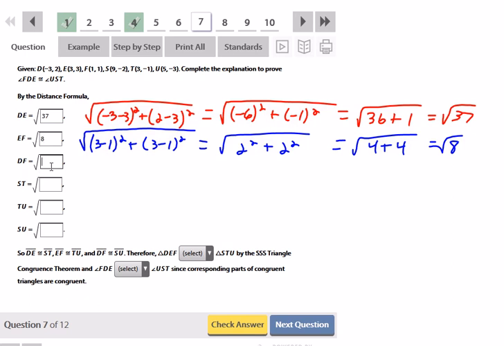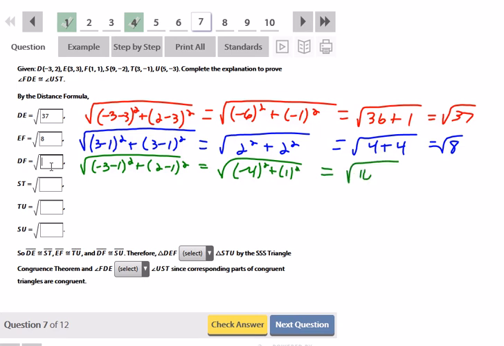DF would be square root of, subtract the x's, negative 3 minus 1 squared plus 2 minus 1 squared, which equals negative 4 squared plus 1 squared, which equals square root of 16 plus 1, which equals square root of 17.